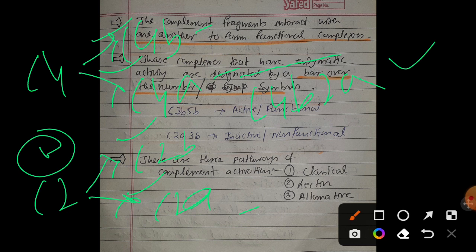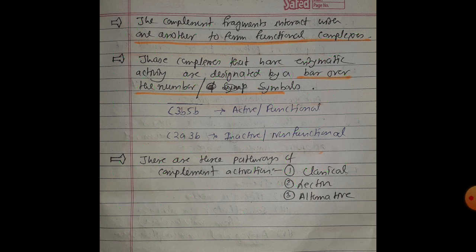So any complement complex that has a bar over it, remember that particular complex is enzymatically active. Similarly, if C4a2a is an enzymatically inactive complex, then we will not draw any bar over it. So that is the idea.